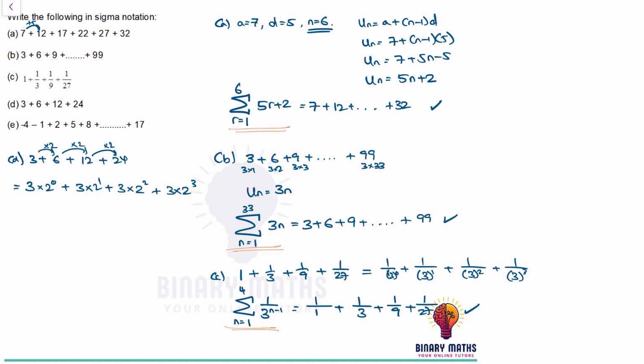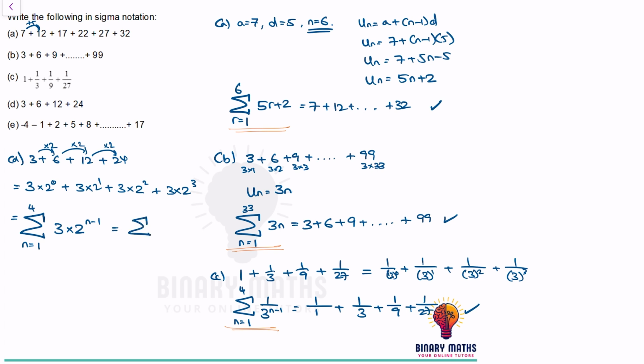They're all equal. So if I want to write it as a summation or a sigma notation, so it's 3 times 2 to the power of n minus 1, n going from 1 to, I've got 4 terms, so n equals 1 to 4. Now this is the same thing, just so I can show it differently.